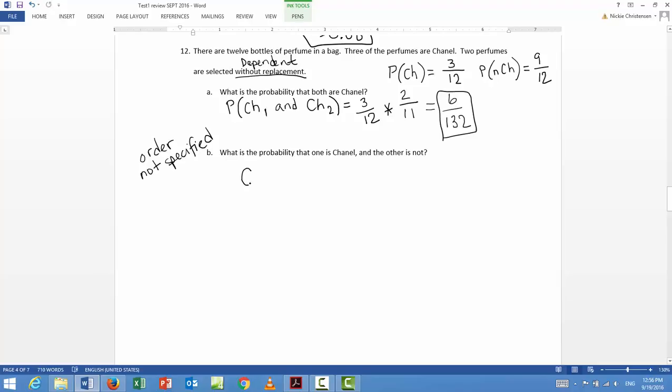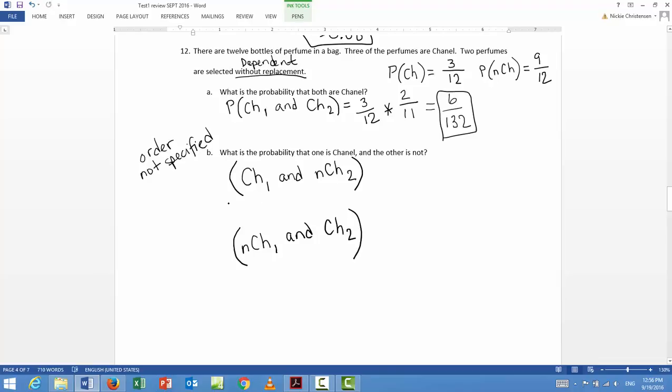We could choose the Chanel perfume first and the non-Chanel second, but we could also choose the non-Chanel first and the Chanel second. Because they didn't tell us the order things had to happen.